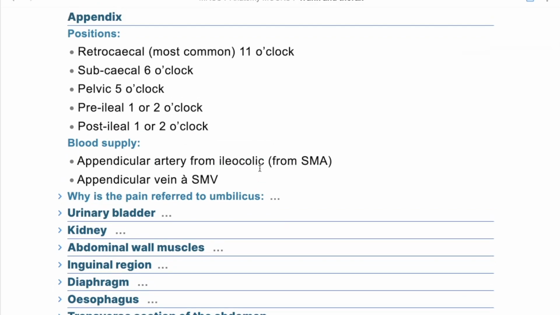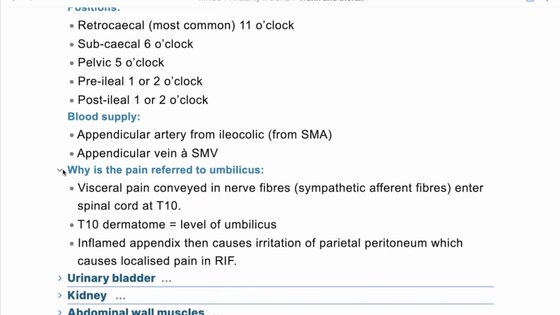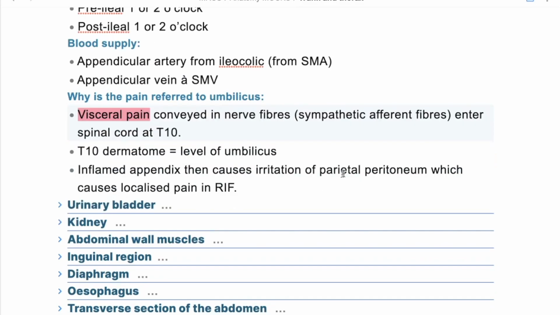That's why it refers to the umbilicus. But later on, the inflamed appendix irritates the peritoneum, and it causes localization of the pain in the right iliac fossa.